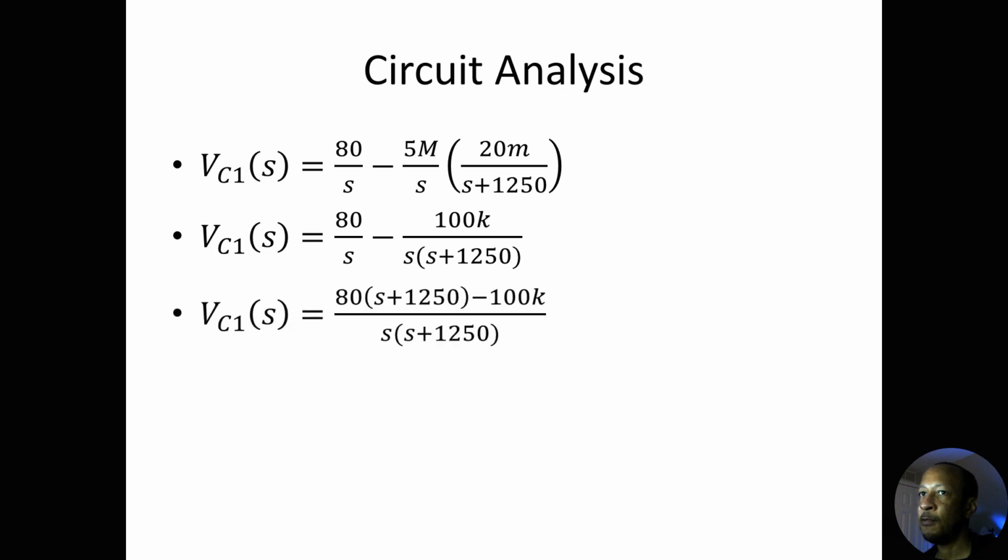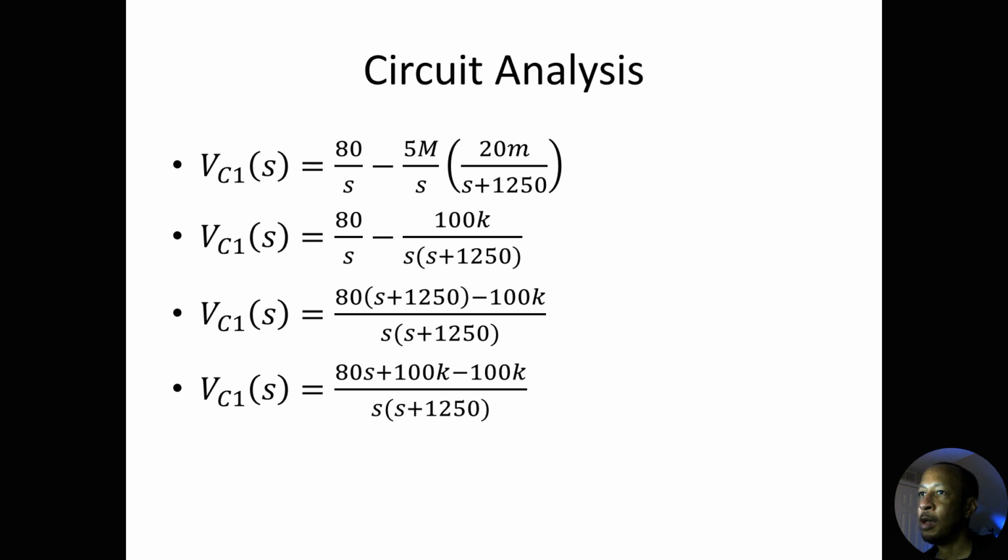Then next we have VC1 of S equals (80 times (S plus 1250) minus 100K) divided by S times (S plus 1250). Next we have VC1 of S equals (80S plus 100K minus 100K) divided by S times (S plus 1250). And then we have VC1 of S equals 80 divided by (S plus 1250).